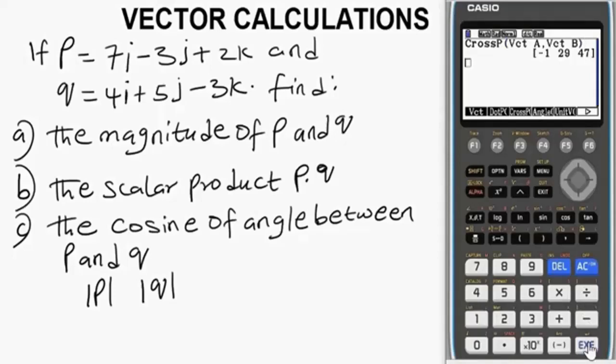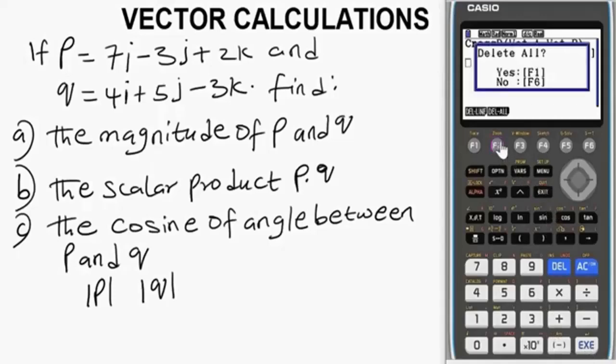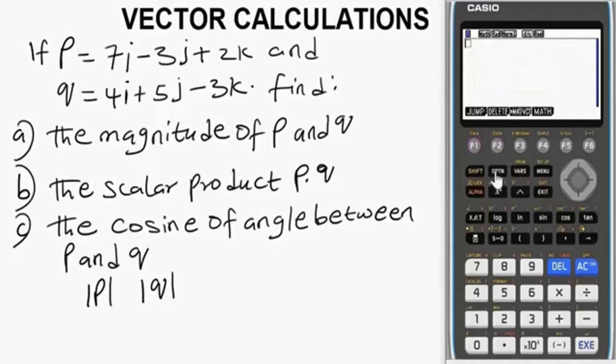cross product. And lastly, for this question, let's find the cosine of the angle between vector P and Q. So let's delete everything and press the exit button. Okay, delete all. Go back to option, F2, then next. Look for angle. Alright, so press angle, F4.